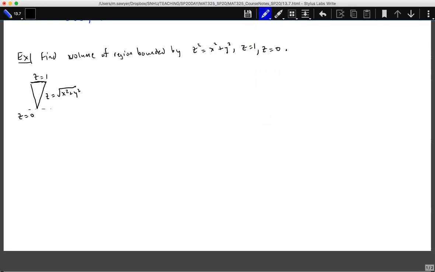So if we are looking at this particular function, we know that r squared in cylindrical coordinates equals x squared plus y squared.